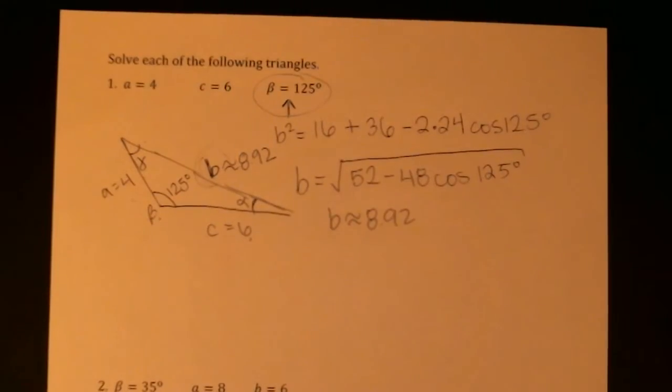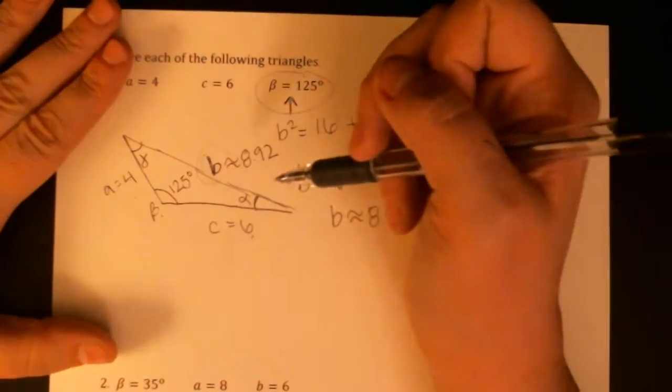Okay, so this was solve the triangle, which means my next step would be to go looking for either angle alpha or angle gamma. That's what I'm missing. And it doesn't matter which one at this point. I'm going to use a law of sines. So it's fine to switch to law of sines after you've started yourself off with law of cosines. And I'm going to go for alpha.